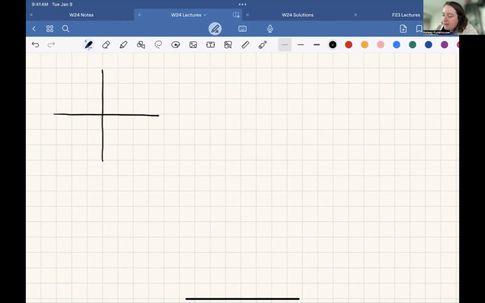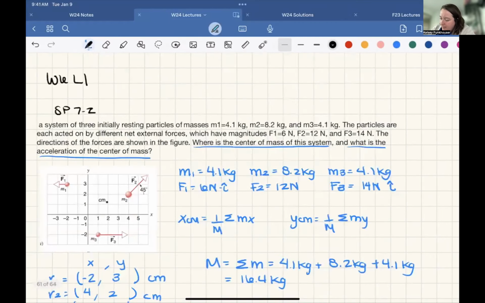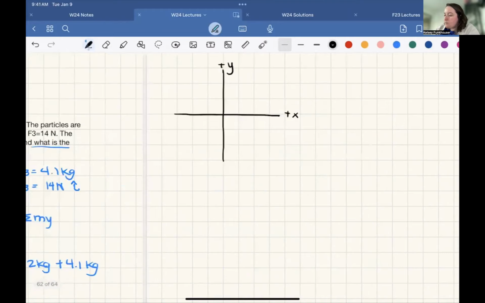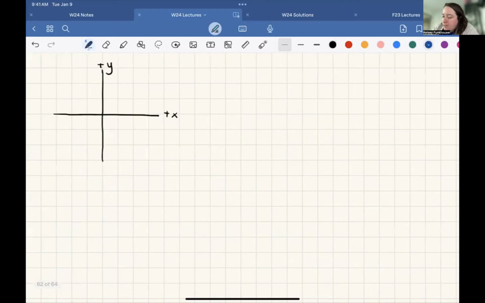This coordinate axis here is not going to match the one that we have on this page, because the center of mass is right there and the origin is here. So just heads up. But let's draw those forces.